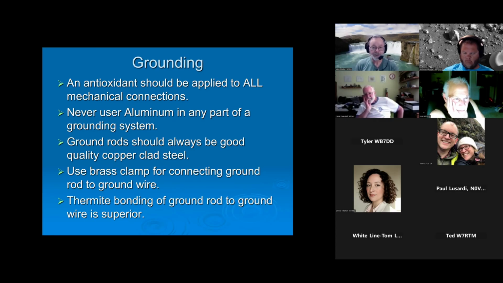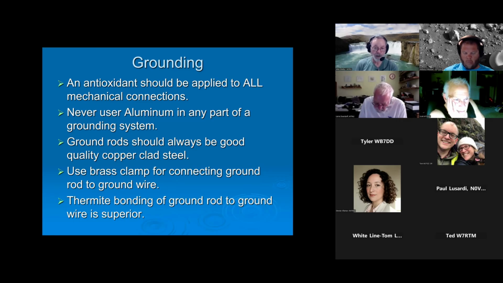Antioxidant should be applied to all of your mechanical connections, period. That's your go-to stuff. If you don't do it, you'll get moisture in there and you will get corrosion. And next thing you get is a high resistance and things aren't working right.